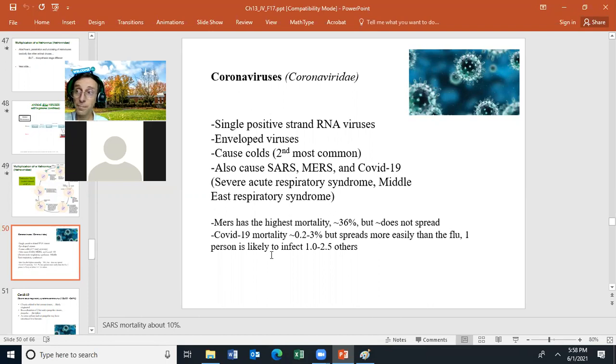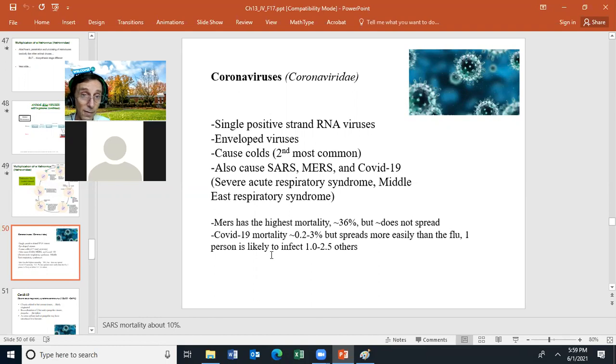So human colds are primarily, or the number one cause, is the family of Picornaviridae, but the number two cause are the Coronaviridae. So coronaviruses have been known to humans for a long time, and mostly, although not entirely, mostly they cause human colds. Any question about any of that? They're the second most common cause of human colds.